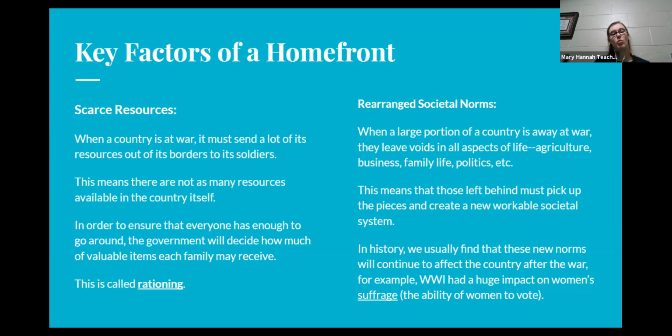Okay, because they're taking the rest of that bread and they're sending it overseas to their soldiers who are fighting for them so that they have food as well. Because if you're fighting a war in another country, your enemies are not feeding you. You have to feed your soldiers. And so that is called rationing, when the government decides how much of a valuable item each person within a country can receive. And the rearranged societal norms is the second part of the home front.